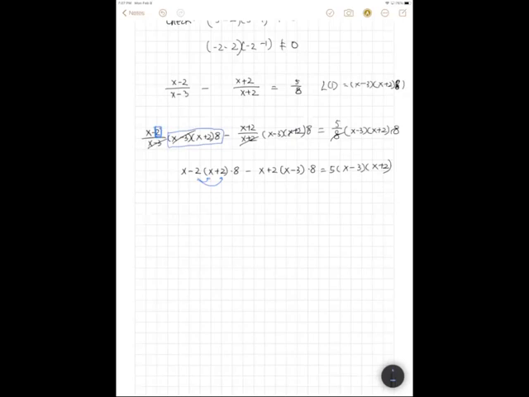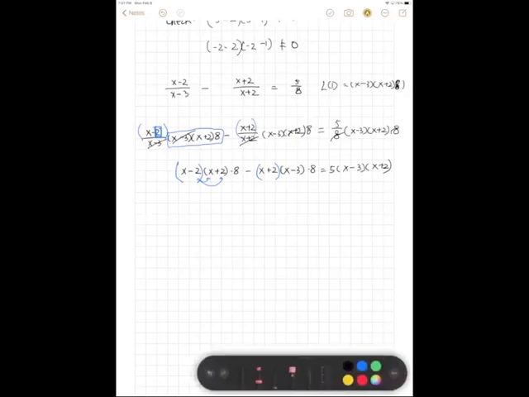So how do we avoid this mistake? Well, it's really easy. You just need to put parentheses on the numerator so that you know we want the whole least common denominator to multiply the whole numerator, not just one of the terms from the numerator. So that's how you avoid a mistake like that.